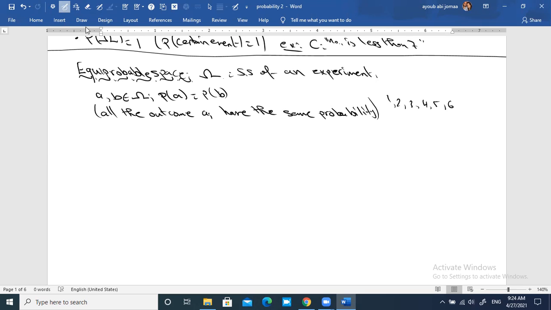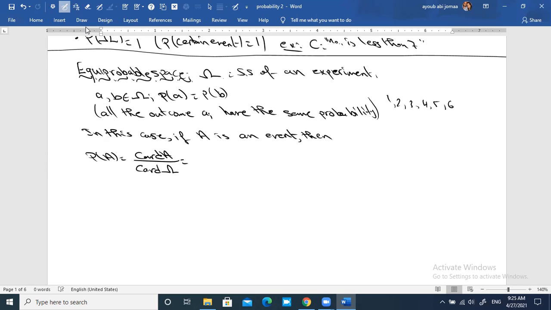Okay, in this case, in case the sample space is an equiprobable space, if A is an event of this sample space of this experiment, or A is a subset of the sample space, then the probability of A will be equal to the cardinal of A over the cardinal of the sample space.